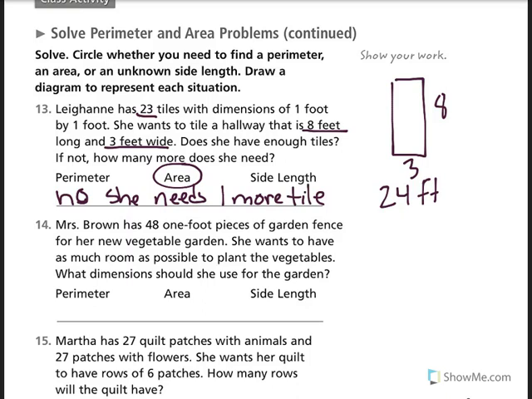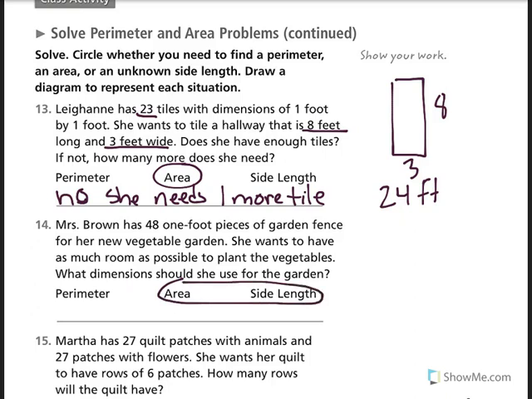Okay, 14. Mrs. Brown has 48 1-foot pieces of garden fence for her new vegetable garden. She wants to have as much room as possible to plant the vegetables. What dimension should she use for her garden? So this is kind of both area and side length.